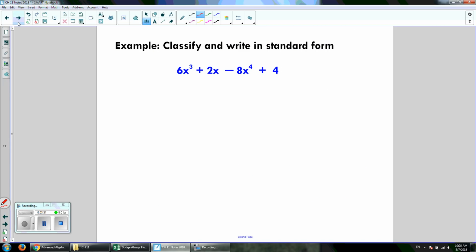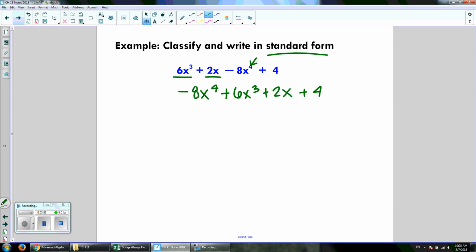So let's practice classifying those. So when classifying, the first thing I need to do is write it in this standard form. So I'm going to find my largest exponent, which is my 4, and put that out front. So negative 8x to the fourth. Then my next largest exponent, so 6x to the third. Then my next x after that, and then my integer at the end.